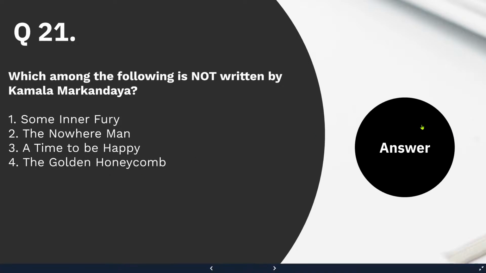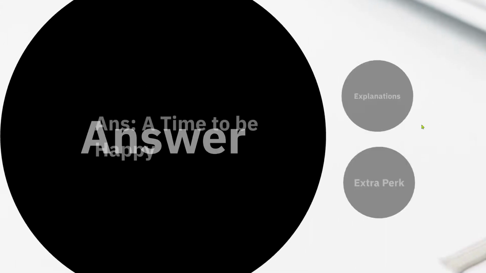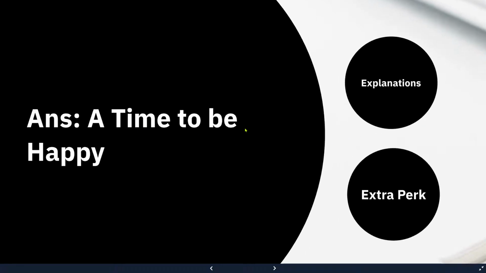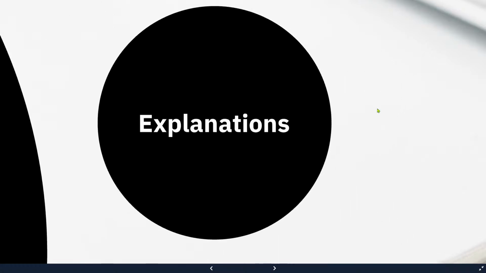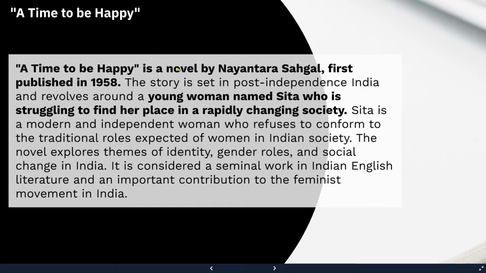And now we'll just move to the answer, and it's A Time to Be Happy. A Time to Be Happy is actually by Nayantara Sahgal, first published in 1958, and the story is set in post-independence India and revolves around a young woman named Sita, who struggles to find her place in a rapidly changing society.